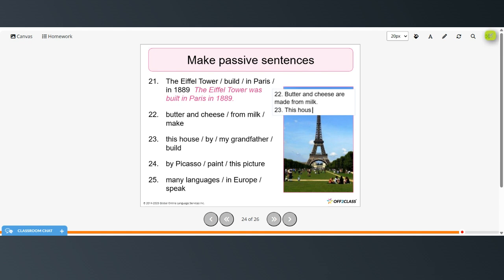This house was built by my grandfather. This picture was painted by Picasso. And many languages are spoken in Europe.